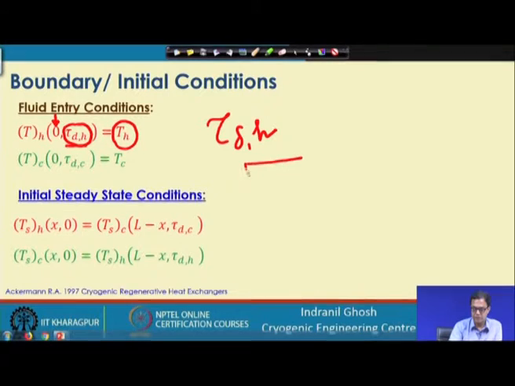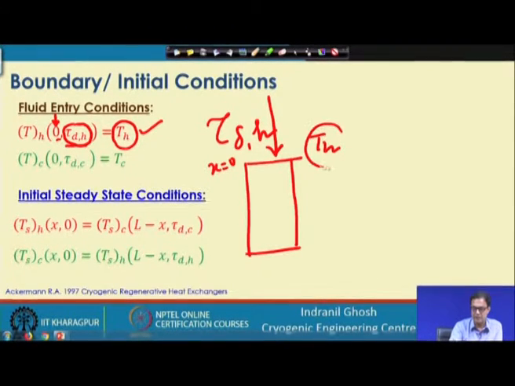regenerator. If you remember, we were talking about the regenerator, the hot fluid was entering through this regenerator, and this is at x. If we say that this is x equals 0, at x equals 0 it is entering at a temperature TH. We have said that that end is at TH, the other end is at TC.